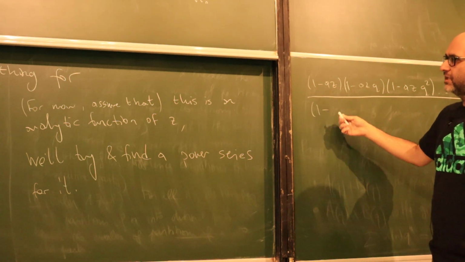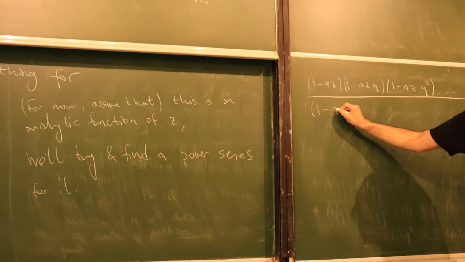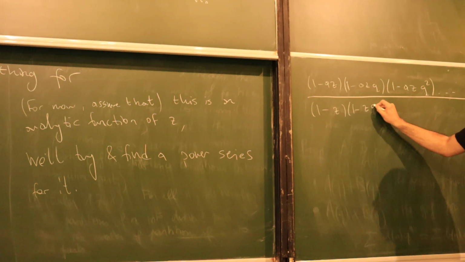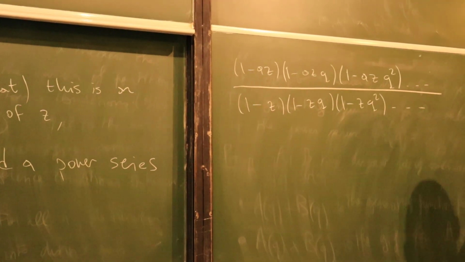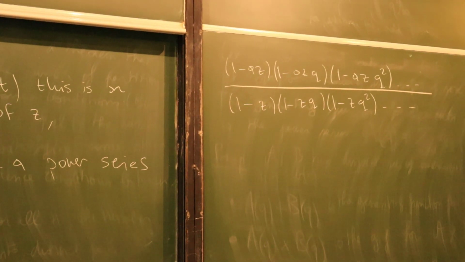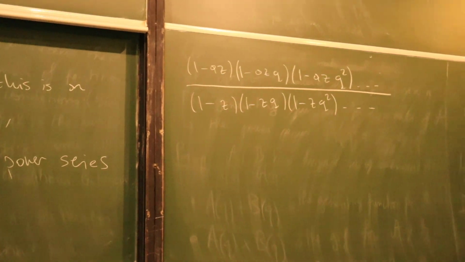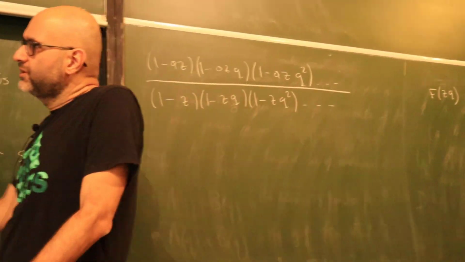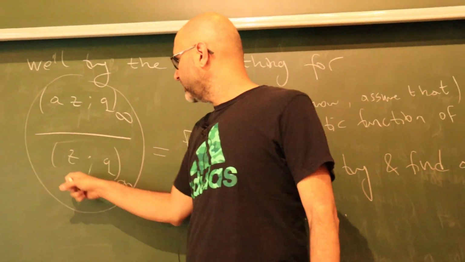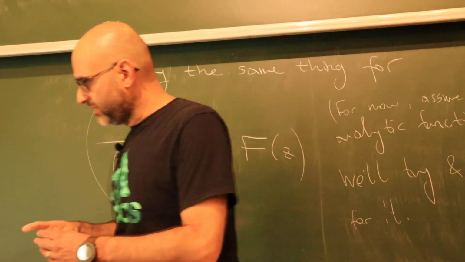And downstairs, the denominator is 1 minus z times q, 1 minus z times q squared, and so on. If we were to write F of z times q, then we have to replace z by zq here, and this z by z times q as well.